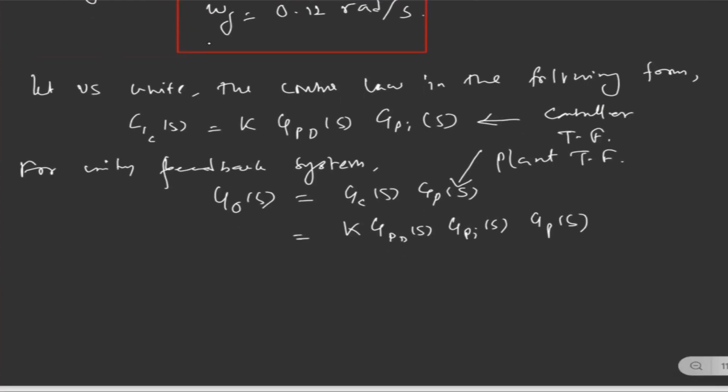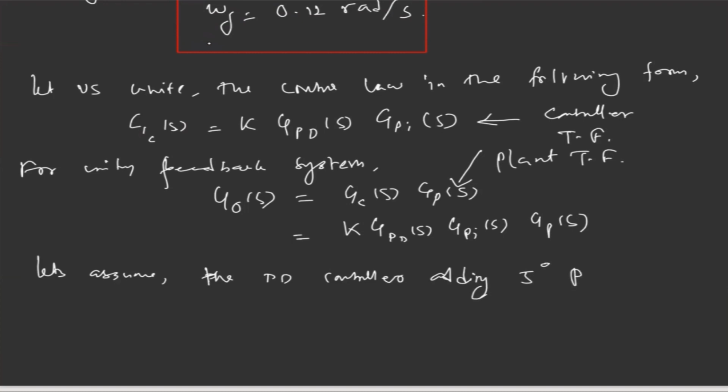So let's assume the PD controller is adding 5-degree phase. Okay. First, let's assume the first PI controller.